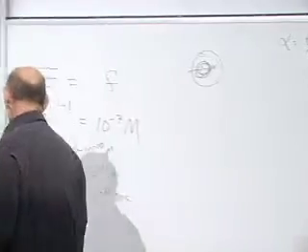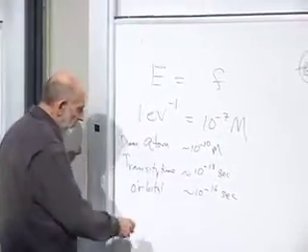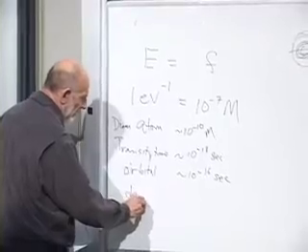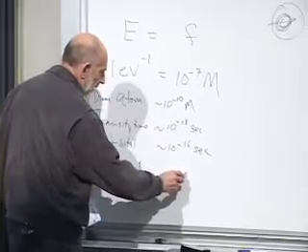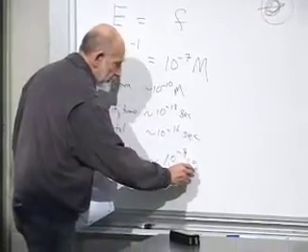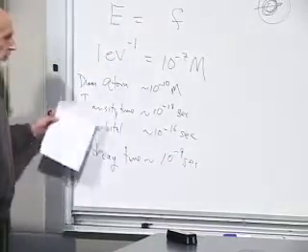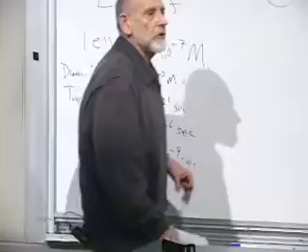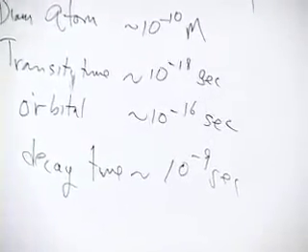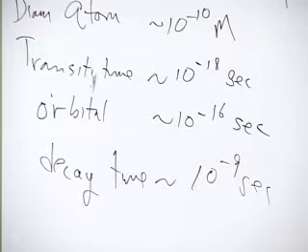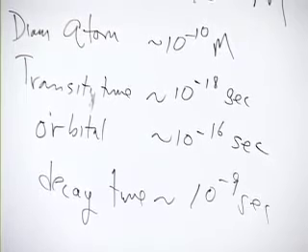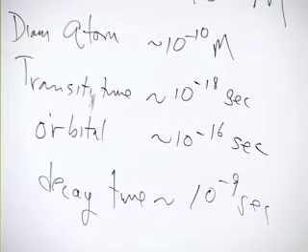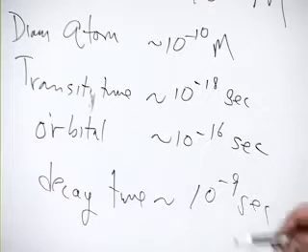The net result is that the decay time, how long it takes for an atom to decay, is about a nanosecond, 10 to the minus 9 seconds, much longer than the orbital time or the transit time. So the main thing is there's a variety of different scales in the atom, and they're all related by powers of the fine structure constant. The fine structure constant being a small number, there are fairly large ratios between different time scales: transit, orbital, and decay time.